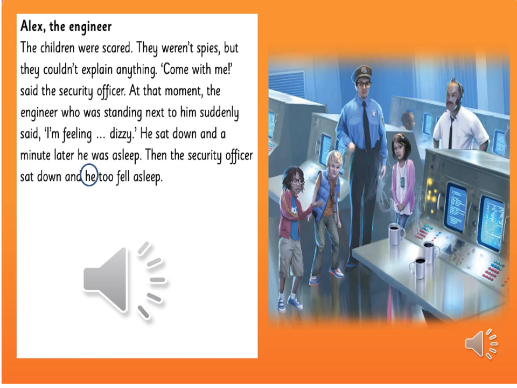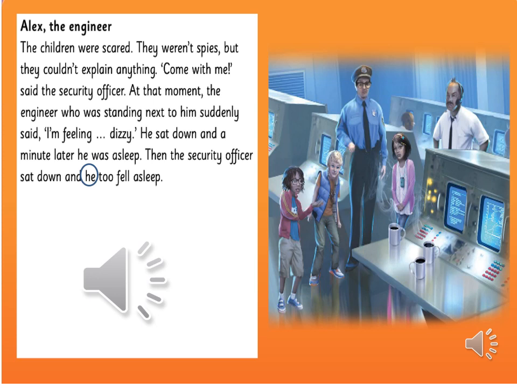The children were scared. They weren't spies, but they couldn't explain anything. Come with me, said the security officer. At that moment, the engineer, who was standing next to him, suddenly said, I'm feeling dizzy. He sat down, and a minute later, he was asleep.